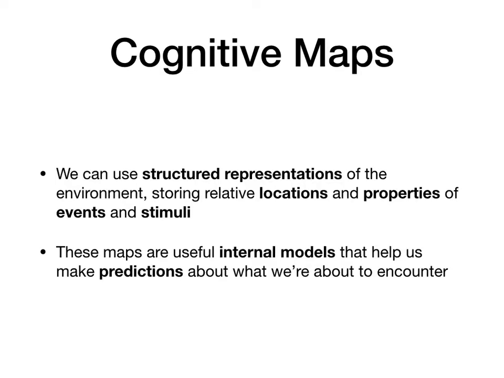Cognitive maps are the name we use for this. So we can create structured representations of the environment that we live in. We store important information like the relative locations of different features, maybe the properties of those features, the events that are likely to happen in this environment depending on time, and also just the sights and sounds and everything that we might experience too.